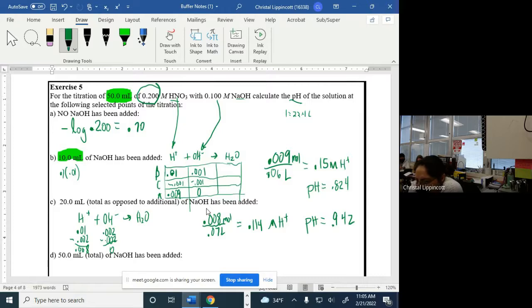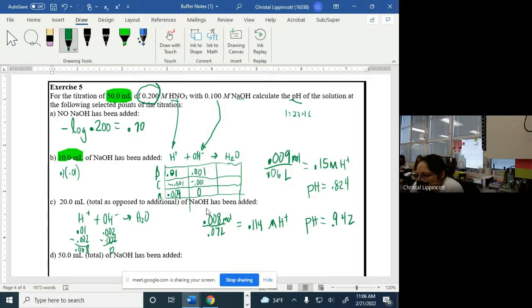For ice tables, typically you're going to have initial, change, and equilibrium, and you need molarity in there. So only molarity for ice table? Yep. No, not only. You could have pressures. So concentration, pressure, but typically those two things.